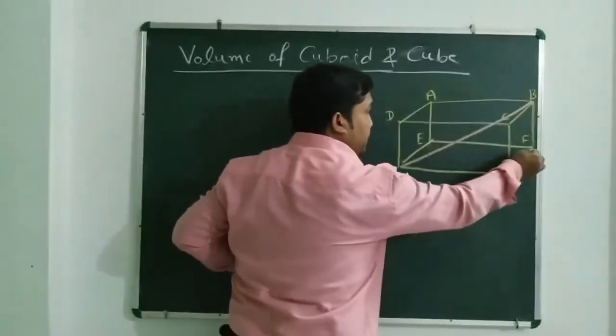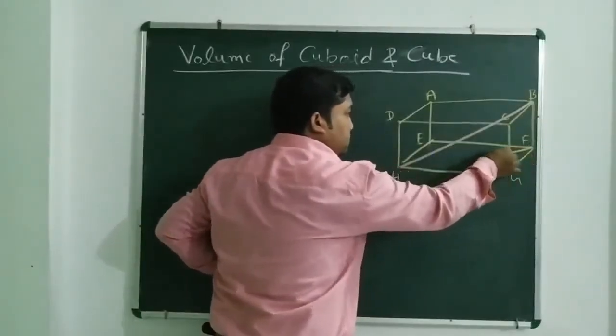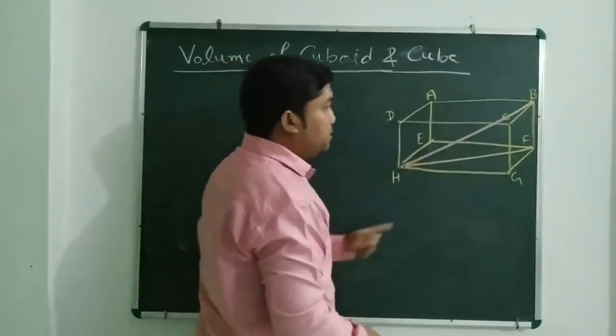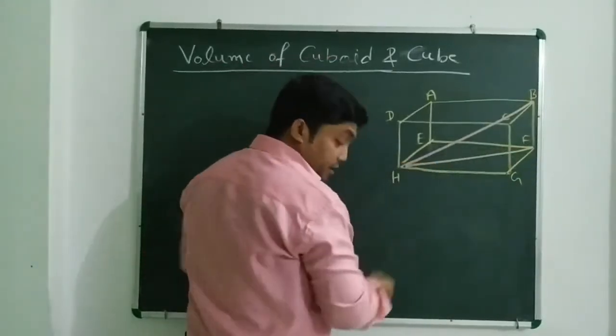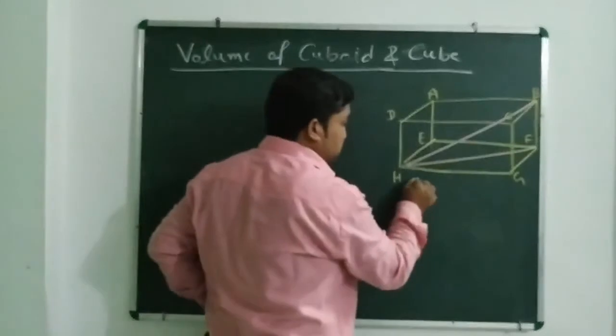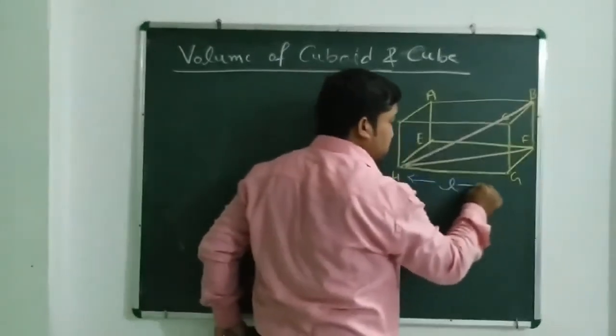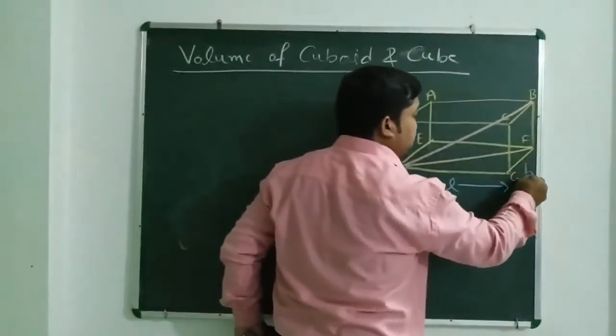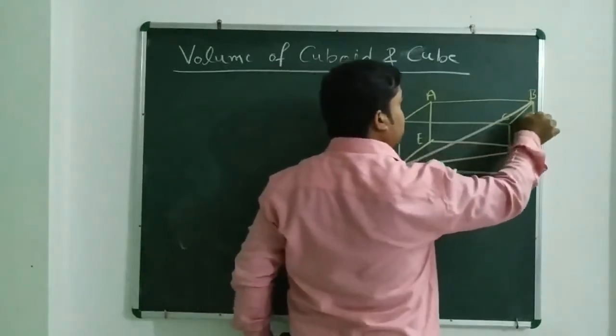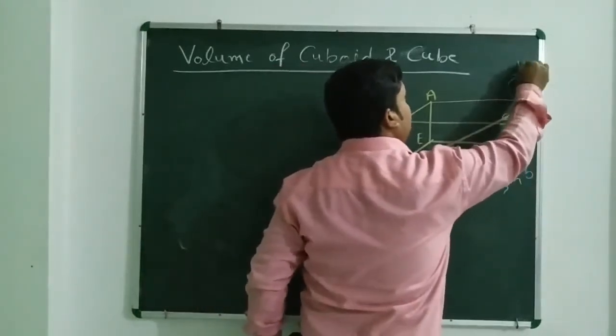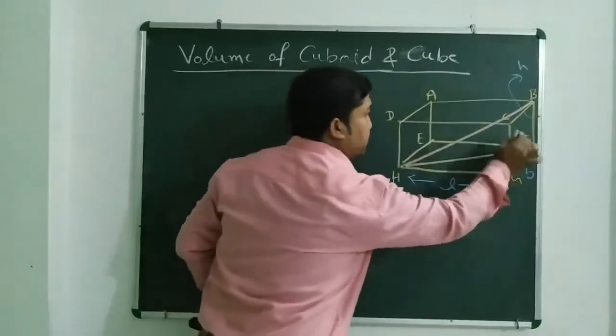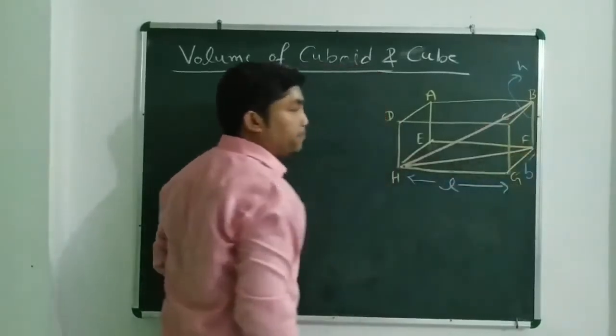See here, when we join H to F, here this is the length, this is the breadth, and this one is the height. Length, breadth and height.